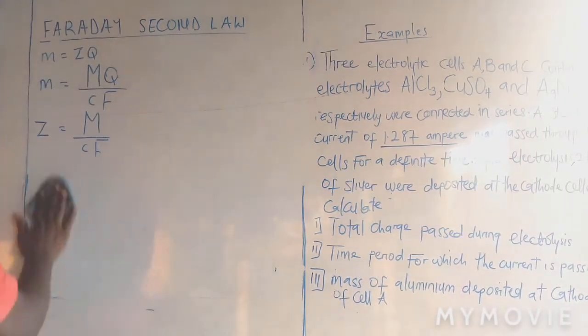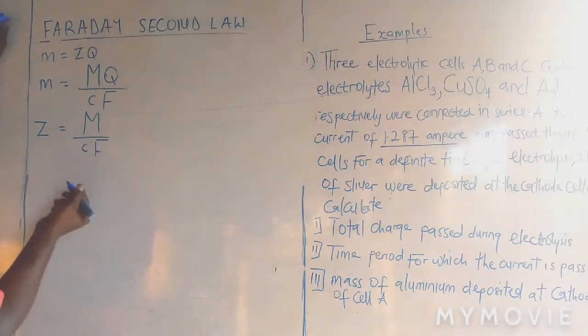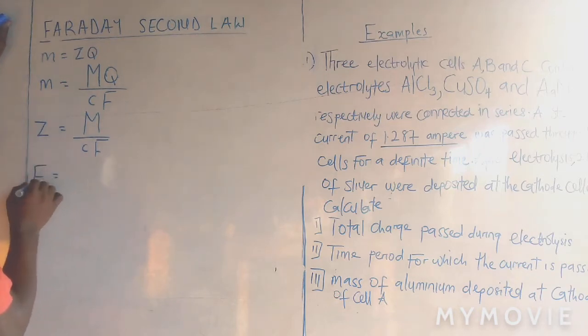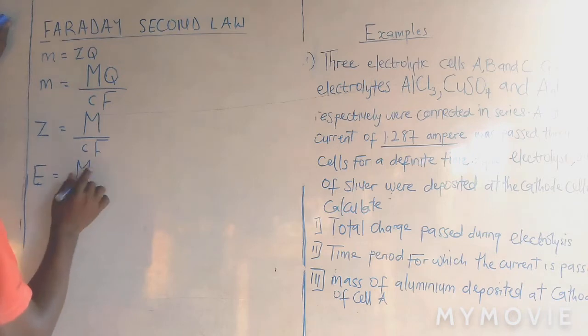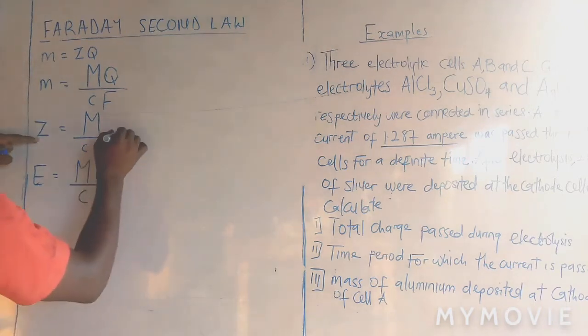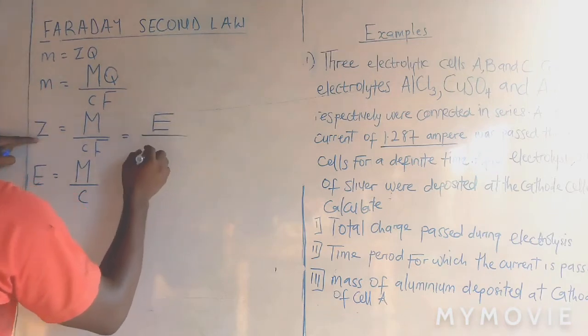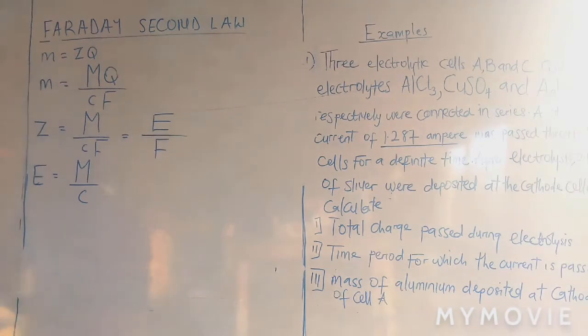As a result of that, we have another formula which we can get. We said that E is equal to molar mass over C. Then it means that Z is equal to E over F. That is another formula. Alright?